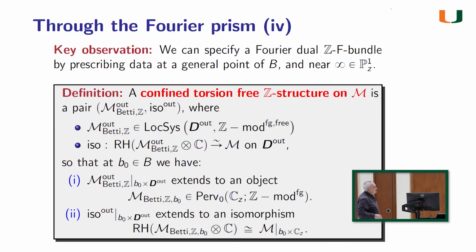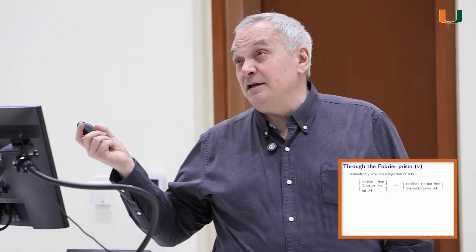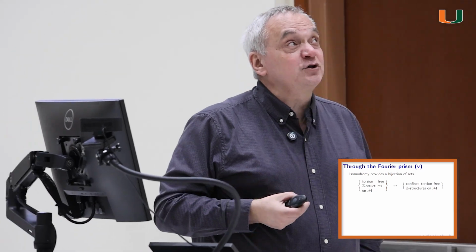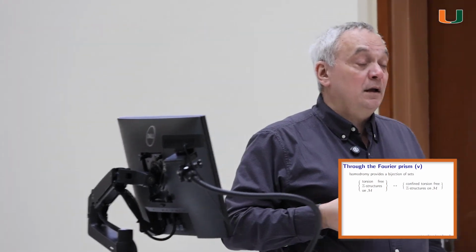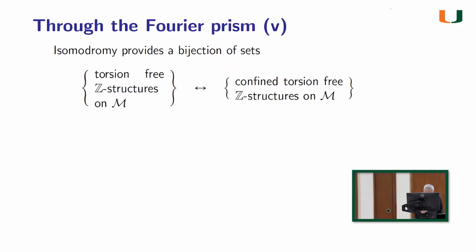So this is a confined torsion-free Z structure, and in the C-analytic case, isomonodromy actually gives you a bijection between torsion-free Z structures and confined torsion-free Z structures. You can do this because you have analytic continuation and isomonodromy. So you can just work with the confined guys, which are much easier.